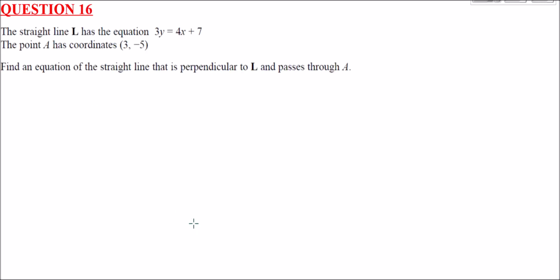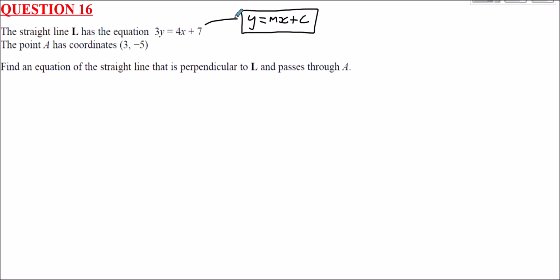Question 16 is a question about straight lines. So we've got here a straight line, capital L, has the equation 3y equals 4x plus 7. Now, before I do anything here, I'm just going to suggest we get this into the standard form of a straight line, which is y equals mx plus c. So just 1y equals whatever. So in other words, make y the subject.